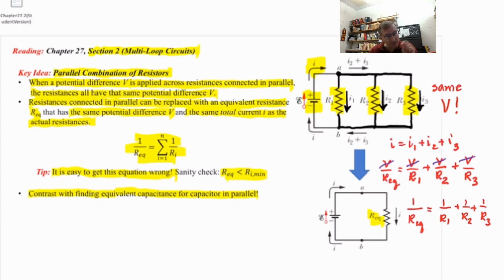So like I said in the previous video lecture, the ways for combining capacitors in series versus parallel and resistors in series versus parallel are exact opposites. You combine capacitors in series the same way you combine resistors in parallel. And you combine capacitors in parallel the same way you combine resistors in series. And so that's pretty easy to get messed up, unfortunately. But that's the way it works.